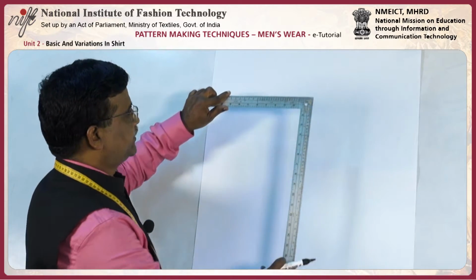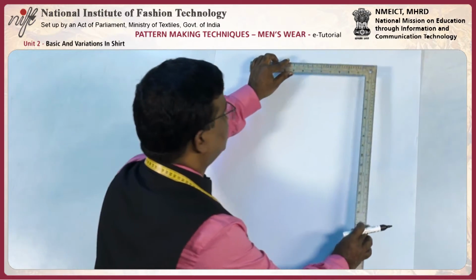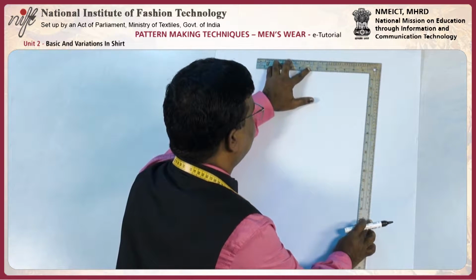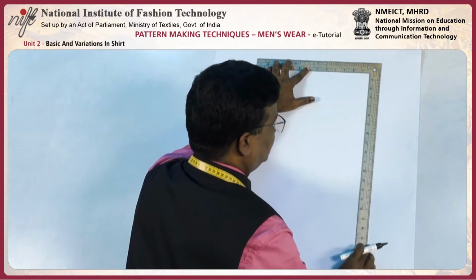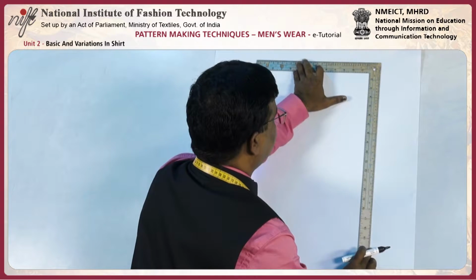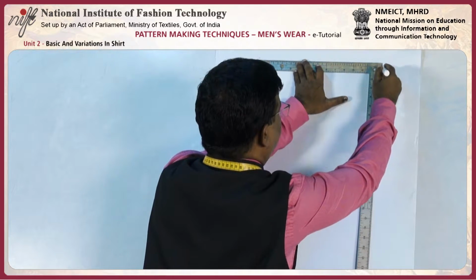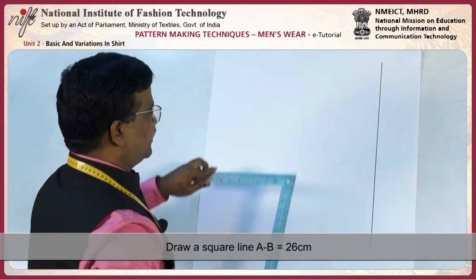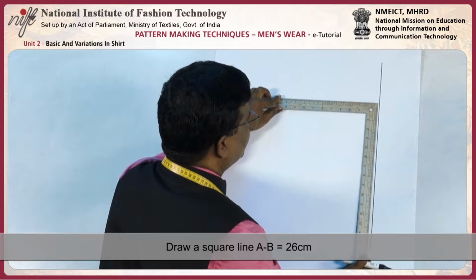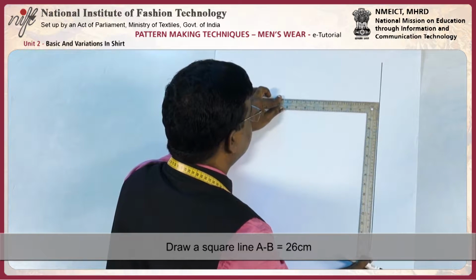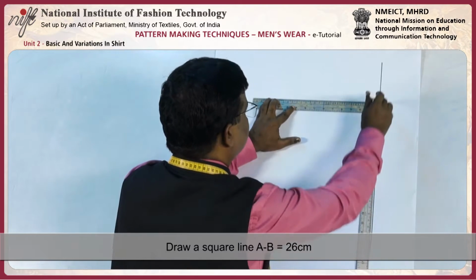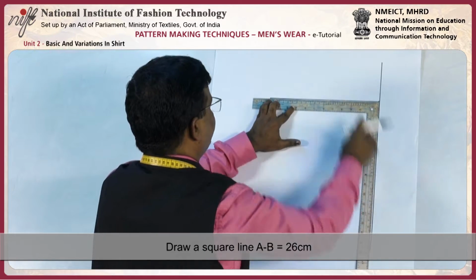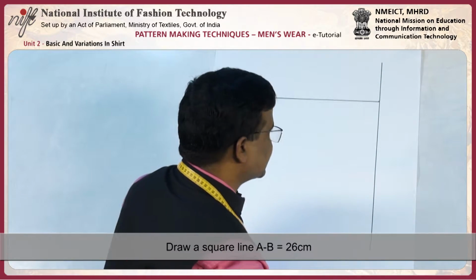Let us construct cuff. Draw a square line. A to B 26 centimeter.